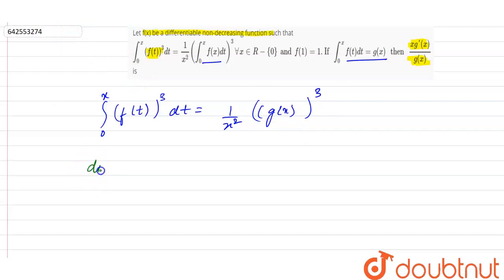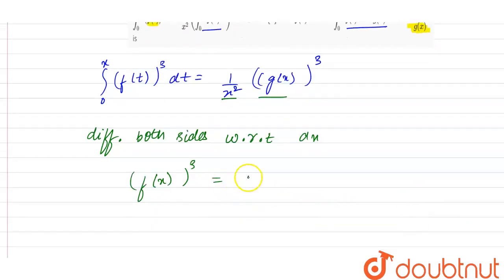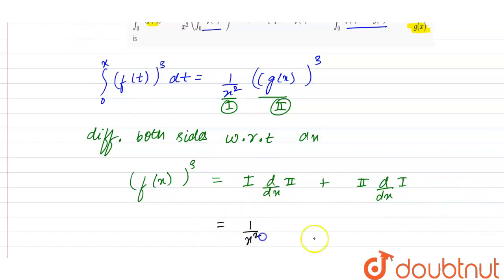If we differentiate both sides with respect to x, we have (f(x))^3 on the left, and on the right we apply the chain rule: the first function as it is, that is 1/x^2, times the derivative of the second.